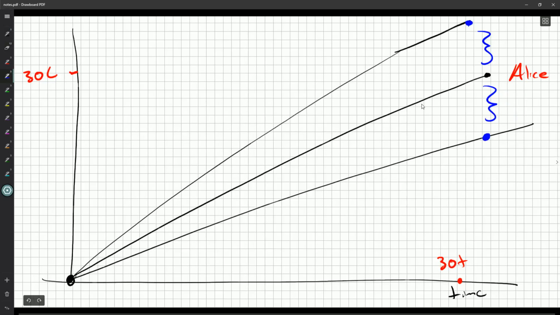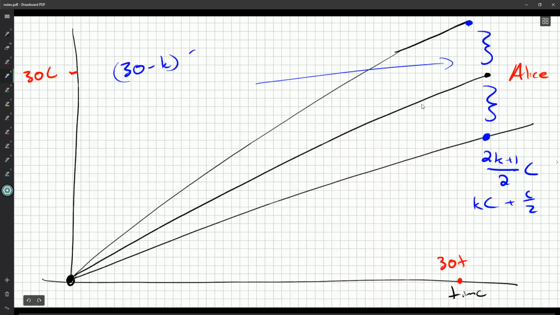Bob is at (2k plus 1) over 2 times C. That's how far Bob has gone, which is going to be kC plus a half C. But the point is, the difference between Alice and Bob is going to be some half multiple of C. So the difference in their overall distance traveled should be (30 minus k) C, an integer amount of C, plus a C over 2.